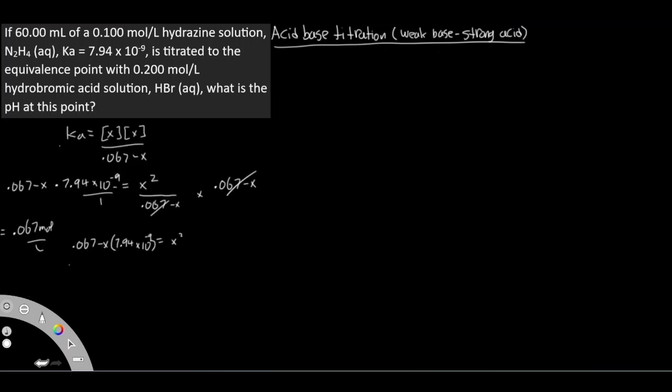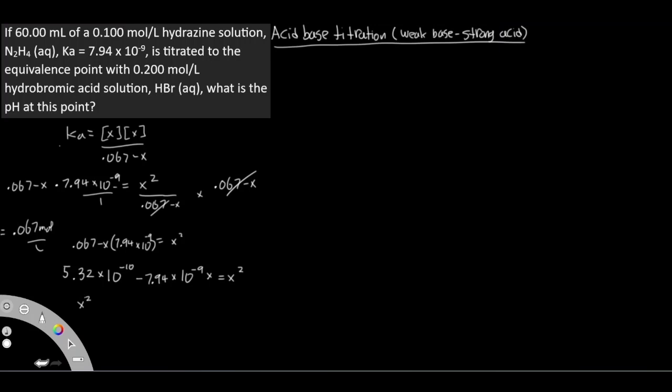Well, let's just expand it, so we end up getting 5.32 times 10 to the negative 10 minus our 7.94 times 10 to the negative 9 x. I'm just going to be putting them all on the left side for ease for the quadratic formula. It's up to you if you want to do it that way.